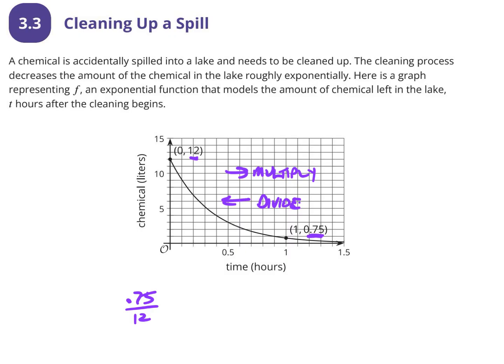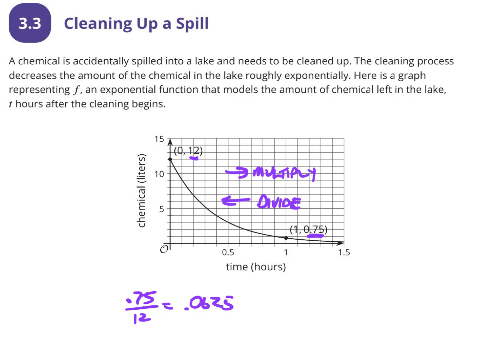In PEMDAS, addition and subtraction are equal, and multiplication and division are equal. It depends on which comes first, but they're equal, and the opposite of multiplication is division, and this is why we do this. So this will give us our B, which is 0.0625. That number is messy, so in a calculator we hit the math button, under your green alpha button.